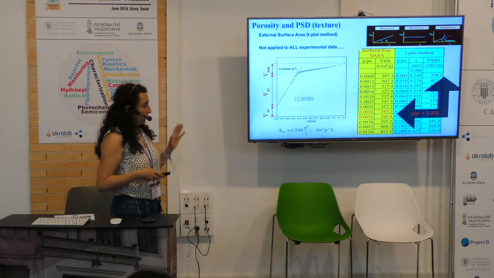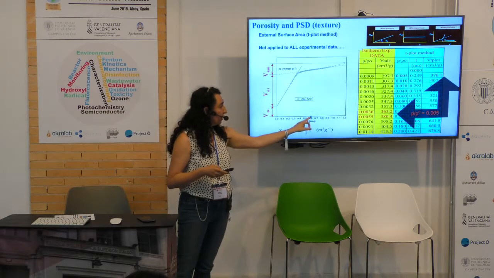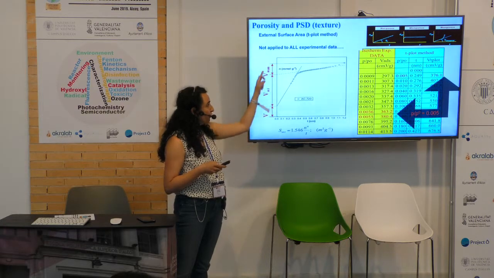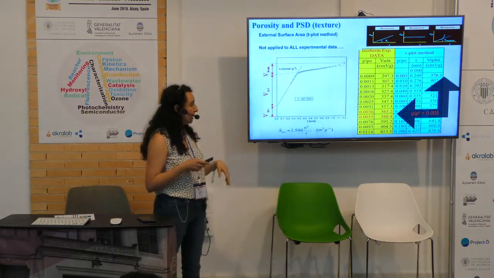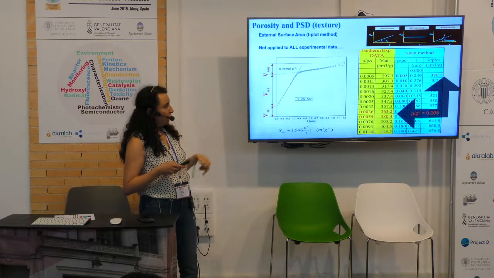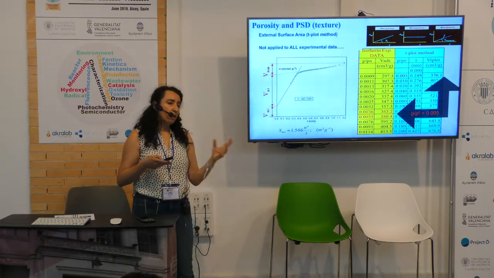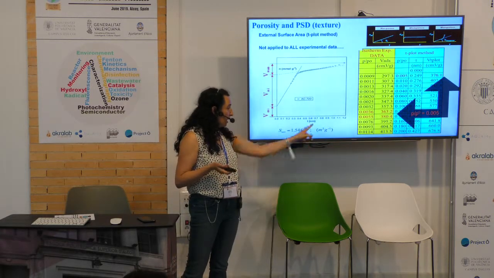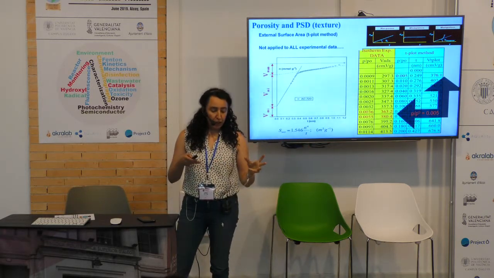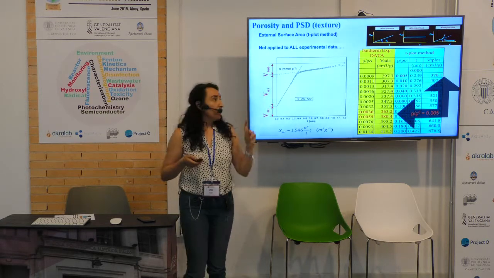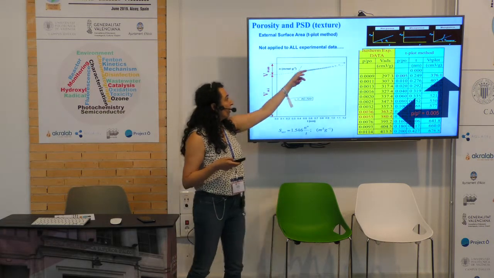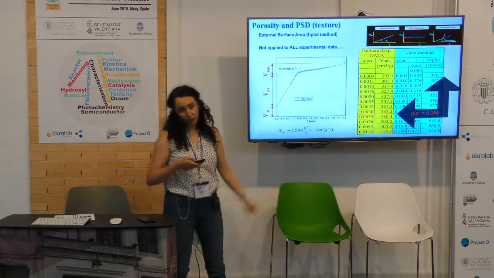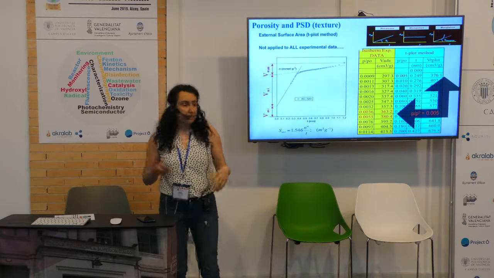Usually, the type of plots that you have are like this, when you are plotting the thickness, the parameter t, versus the pore volume, and you have these shapes, which by extrapolation give you the volume of the different pores, depending on their size, and by a simple equation, you can calculate the surface. Depending on the range where you are measuring this, you get the external surface area or the internal surface area in a very easy way.